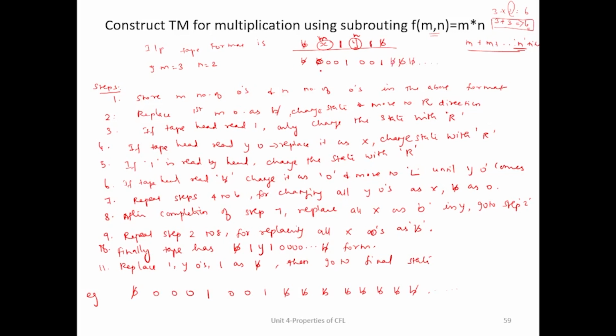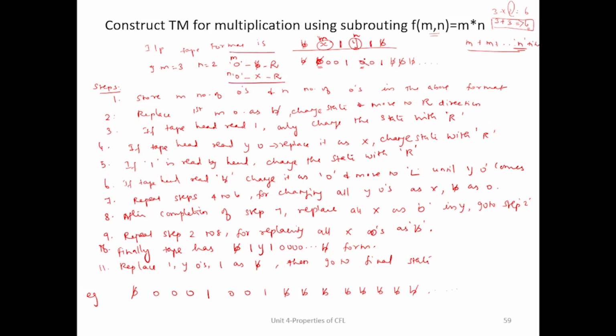The logic is, first we replace the first m zero as a blank space, then move to the right direction, and the n zeros will be replaced as x. So this is the logic.